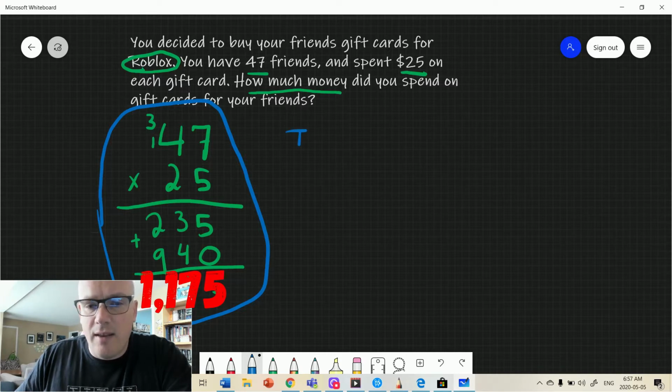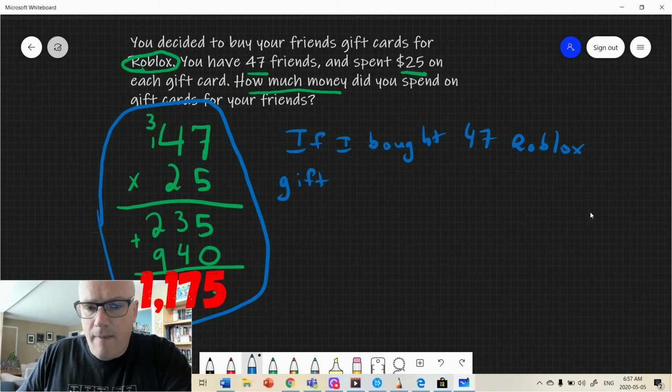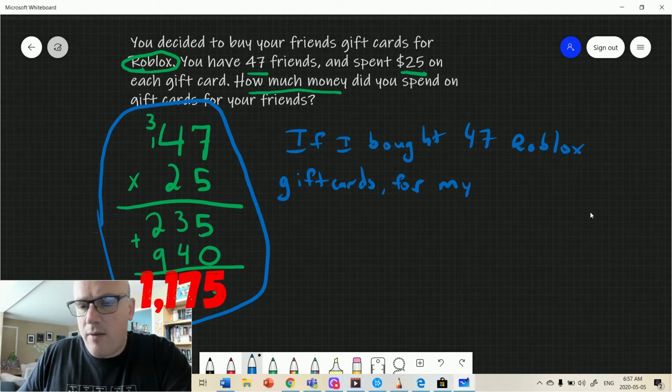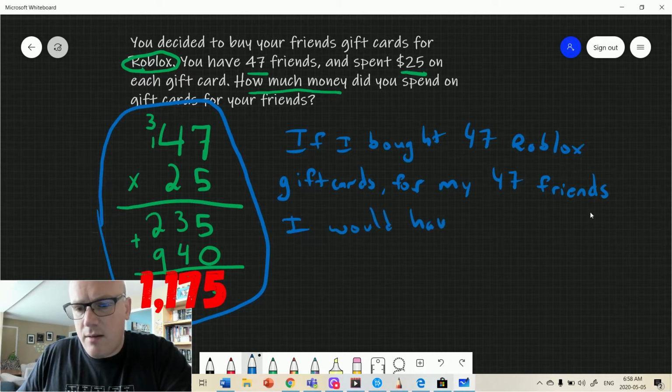So I could put, if I bought 47 Roblox, forgive the messy writing, gift cards for my 47 friends, I would have spent $1,175.